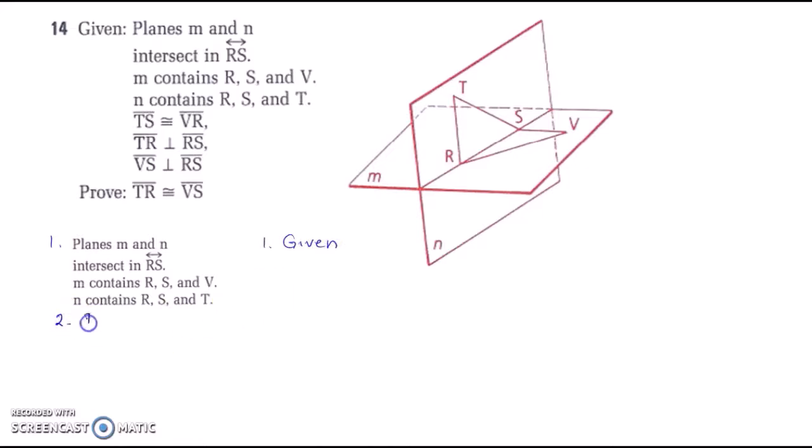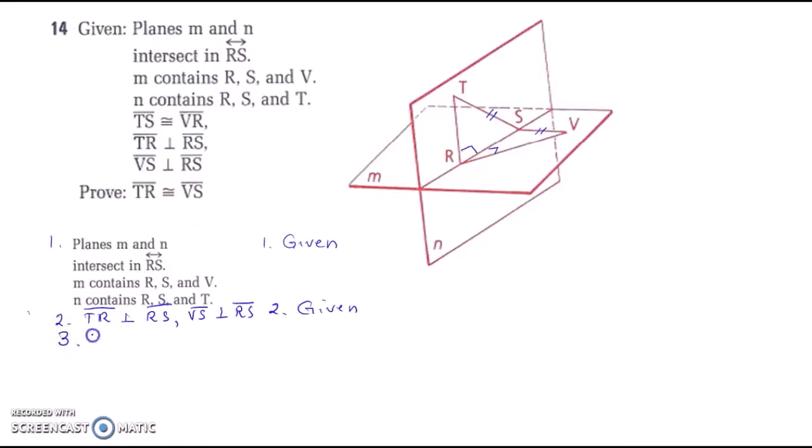Then we were given TR is perpendicular to RS, and VS is perpendicular to RS. It's kind of hard to mark the right angles on the 3D drawings. We were also given that TS is congruent to VS. Now that's the hypotenuse.